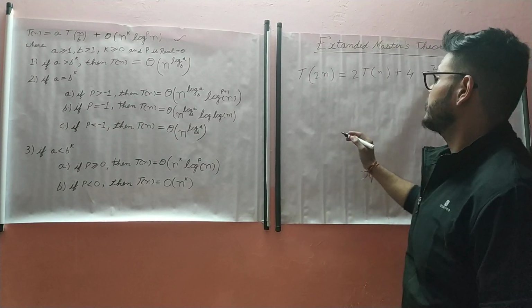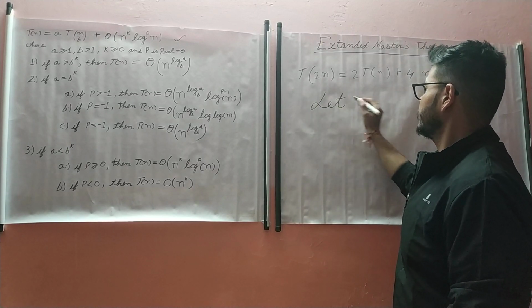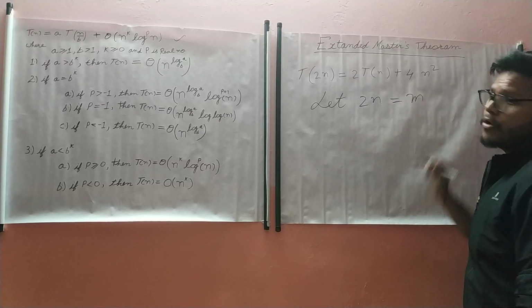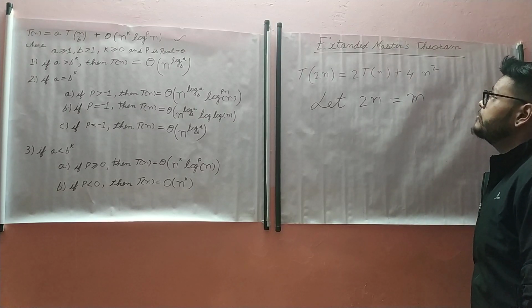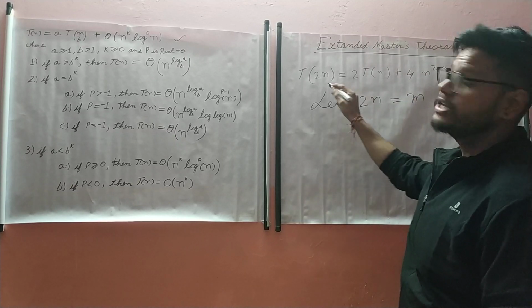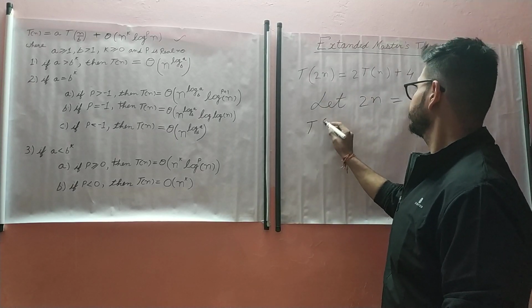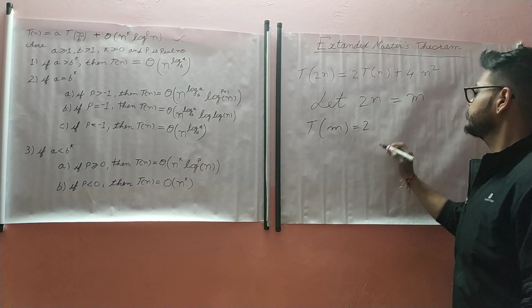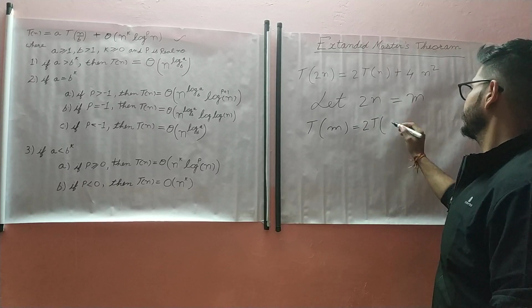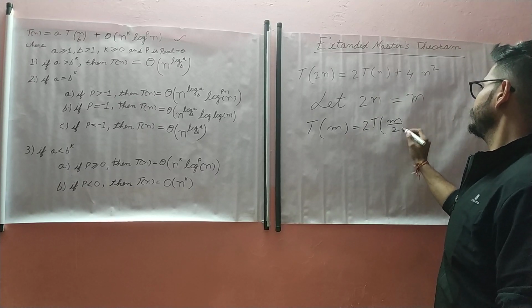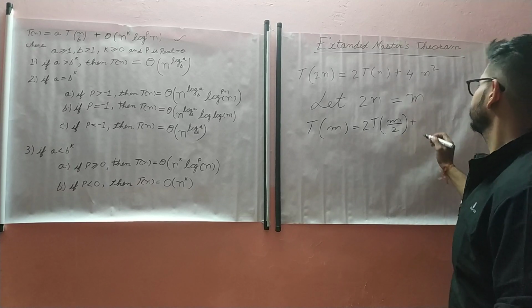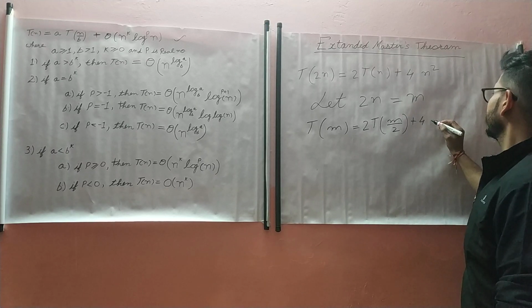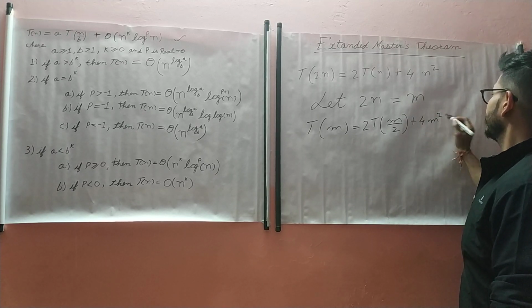So see guys, now let 2n equal m. Now put the value of m in the above equation. T(m) equals 2 T(m by 2) plus 4 m square.